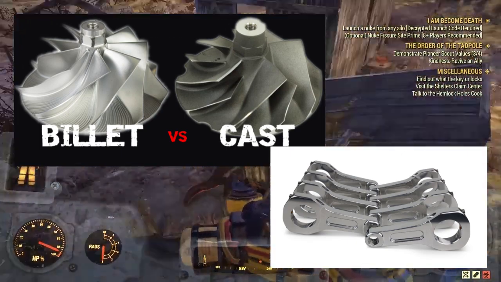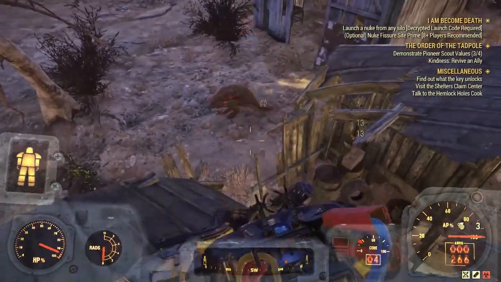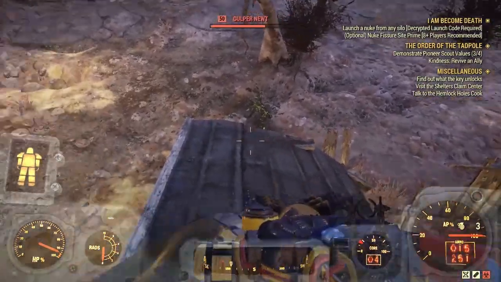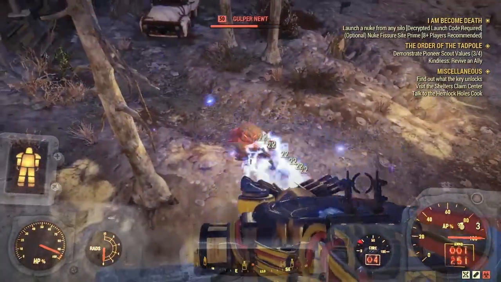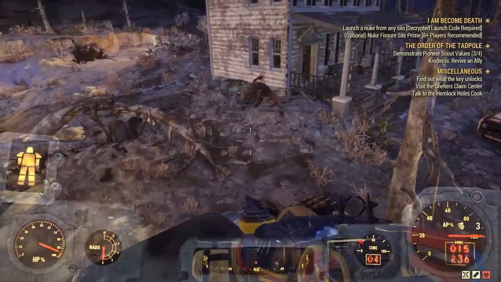The billet aluminum innovations in terms of automotive use have really been maybe only in the past 30 years or so.